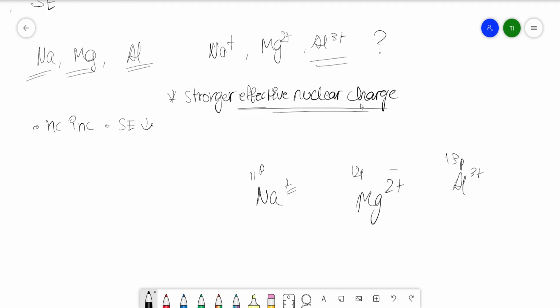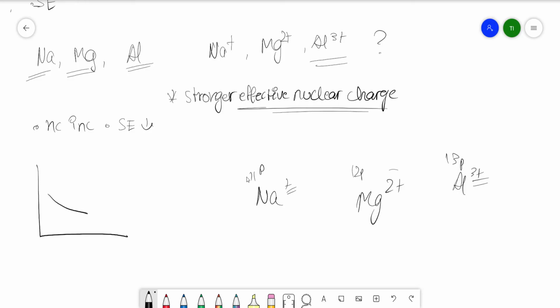So because of the higher positive charge, there's a stronger attraction between the nucleus and the outer electrons. I hope that makes sense. So across the period, there would be a decrease in cationic radius.